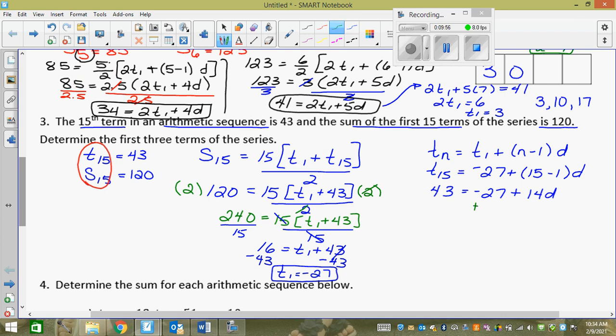Add 27. 70 equals 14d. Divide by 14, and d equals 5. And then it wants the first three terms. So the first term is negative 27, and then I add 5, so I get negative 22, and then I add 5, so I get negative 17.